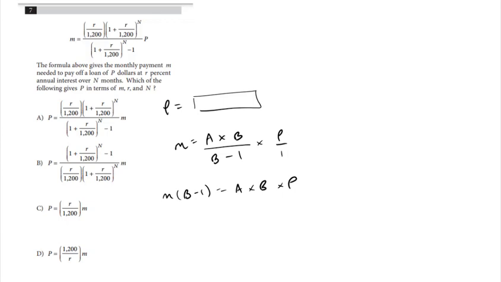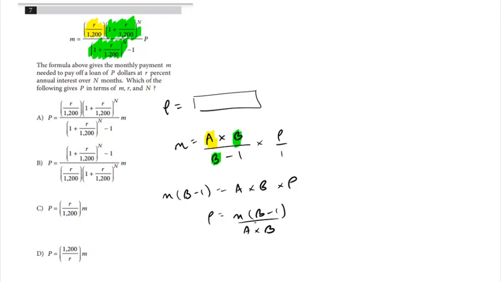So if I do that, p is equal to m times b minus 1 over a times b. And all I did previously was just essentially replace these long expressions with easier things to work with.